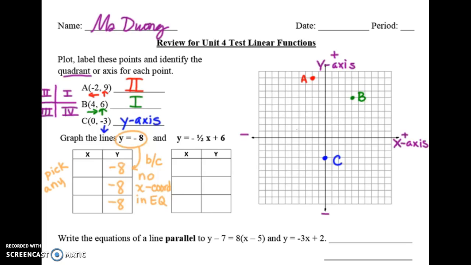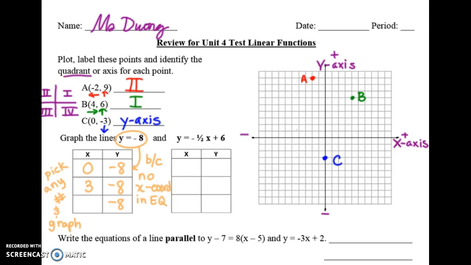You can pick any value for your x so long as that value appears on the graph. Our graphs go from -10 to +10, so any number would be fine, but I chose 3 at random. I typically choose 0, because 0 tells me that I will stay on the y-axis.